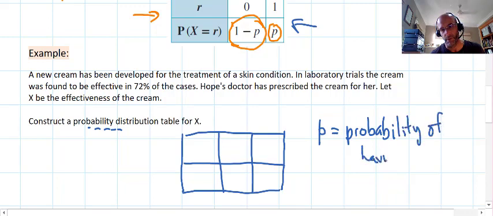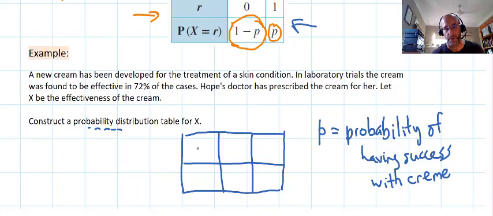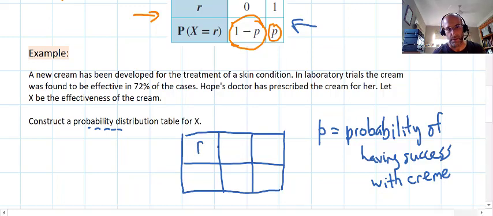So the probability of having success with this cream, so in one trial, which is Bernoulli, we have probability.